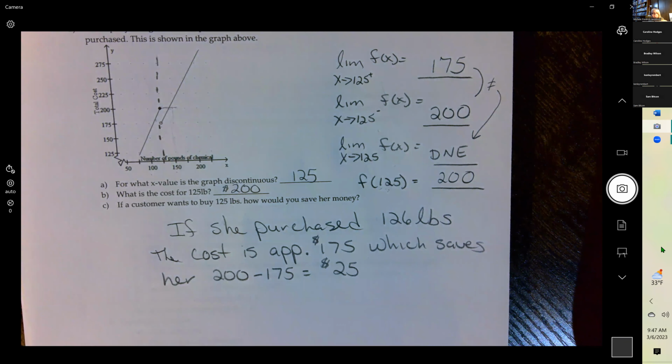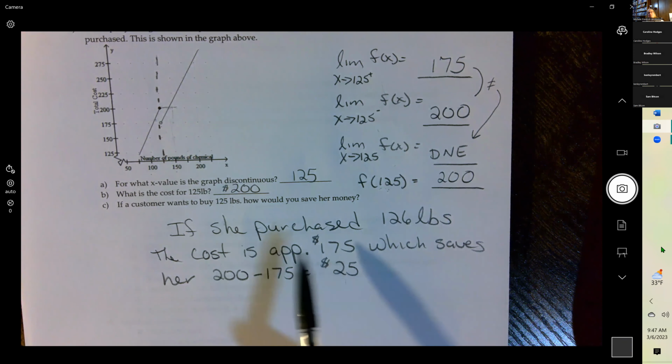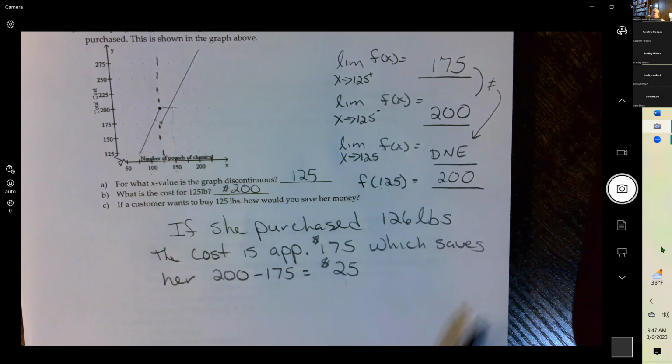Either one would be fine for you to say. Technically, this saves money. This one, you're still spending the same amount of money, but you're getting more. But any questions?